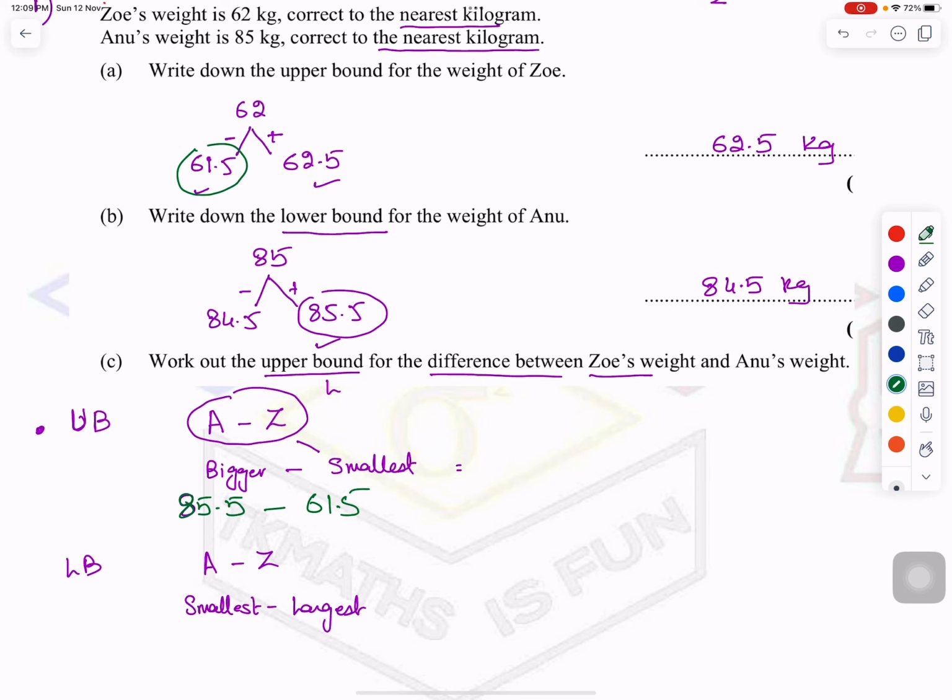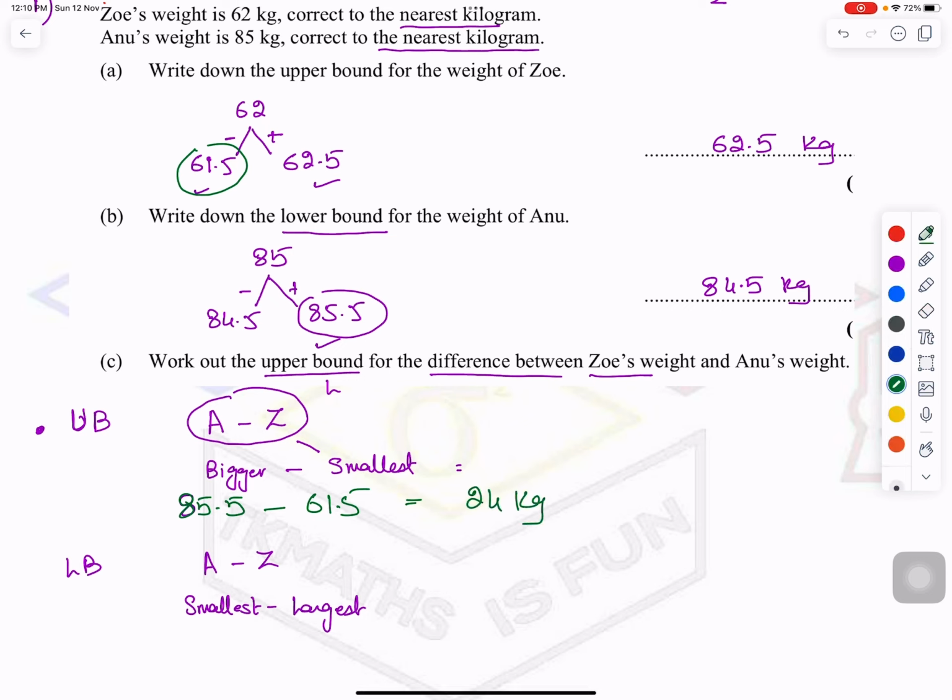So I will subtract to get the upper bound for the difference, or in other words the largest difference between the two weights. So let's use the calculator. If you are good at mental maths, fine. Otherwise use a calculator. You can do it on paper also. So it is 24 kg. Okay, this is the largest.